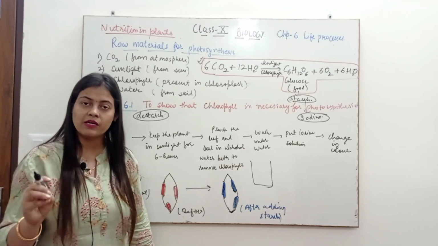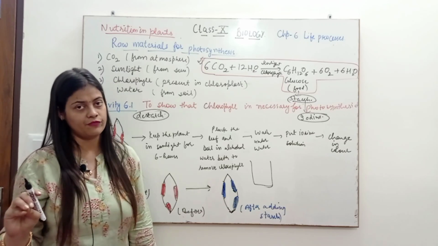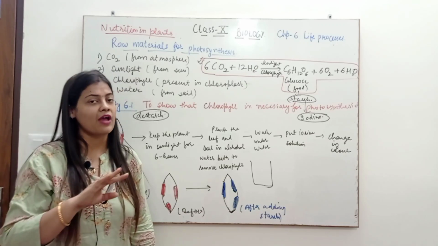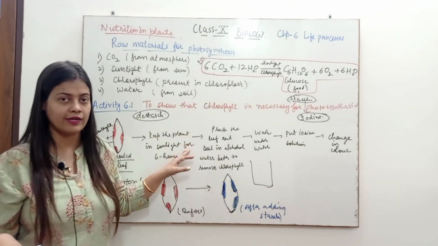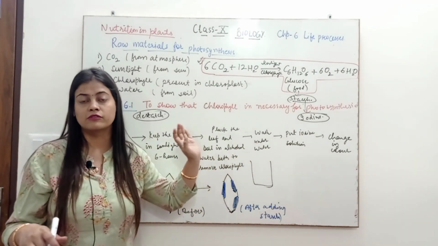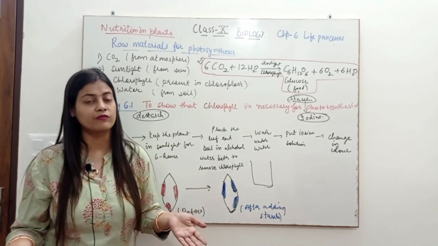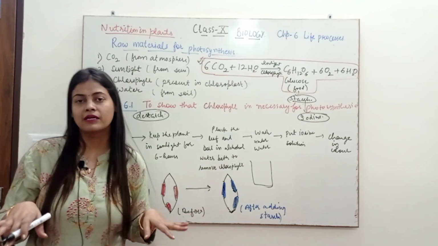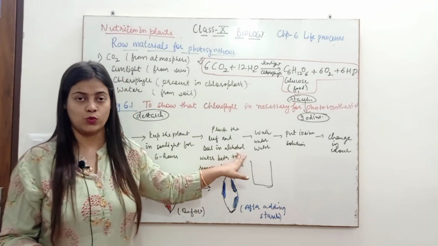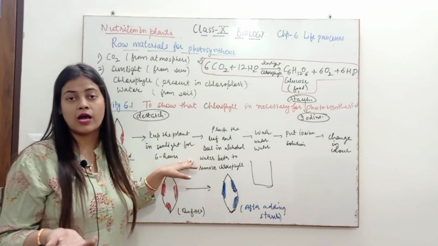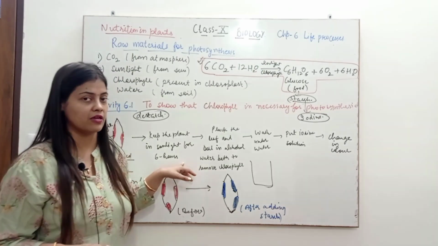So to make it clear, first we will decolorize the leaf. For decolorization we have to remove its whole chlorophyll, because the chlorophyll's work is already done. To show the change in color, we will remove the chlorophyll from the leaf. To make it decolorized, we will boil it in alcohol. But alcohol is highly flammable, so it catches fire very quickly.